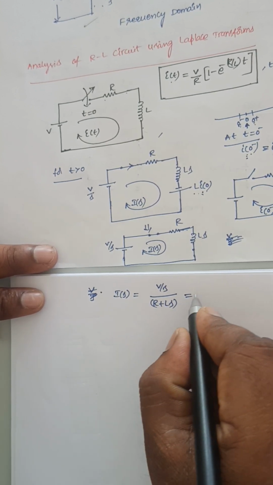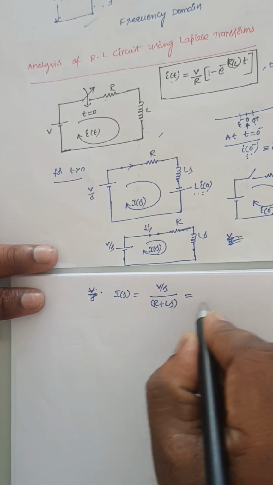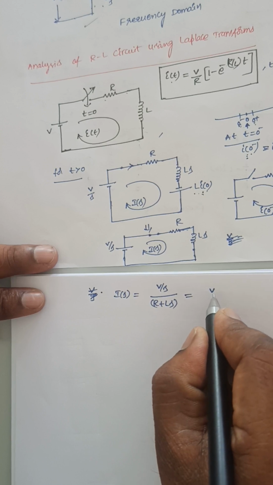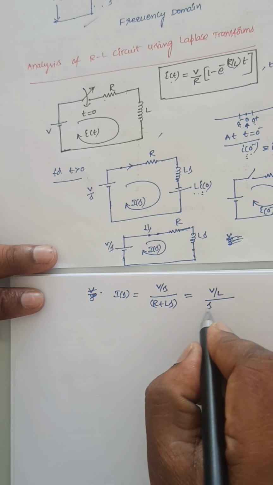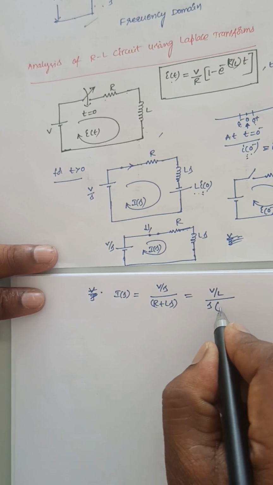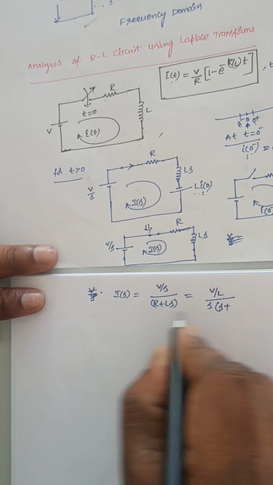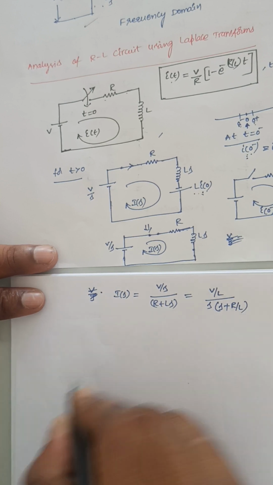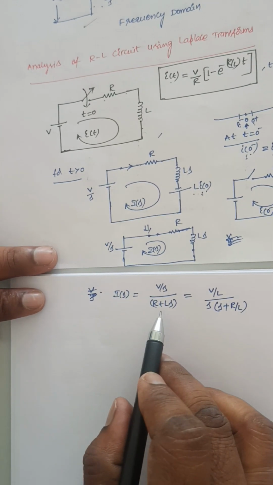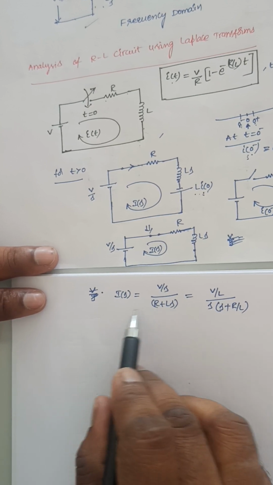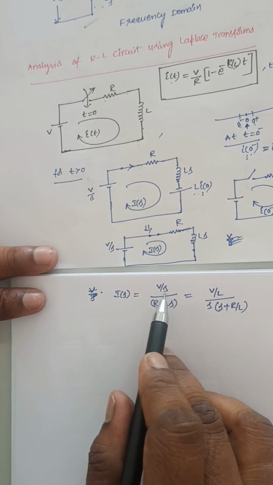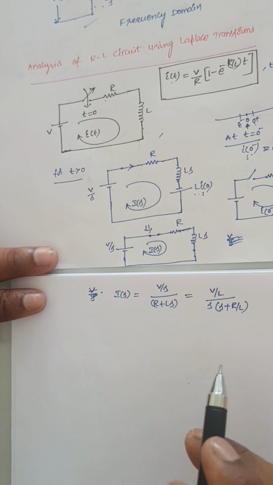If I take L as common, V by L, bring this S to the denominator, S into S plus R by L. The same expression I am writing like this, by taking L as common in the denominator and S should be placed here.